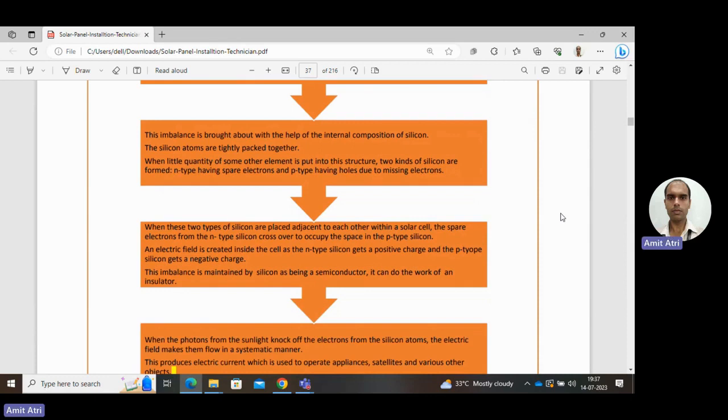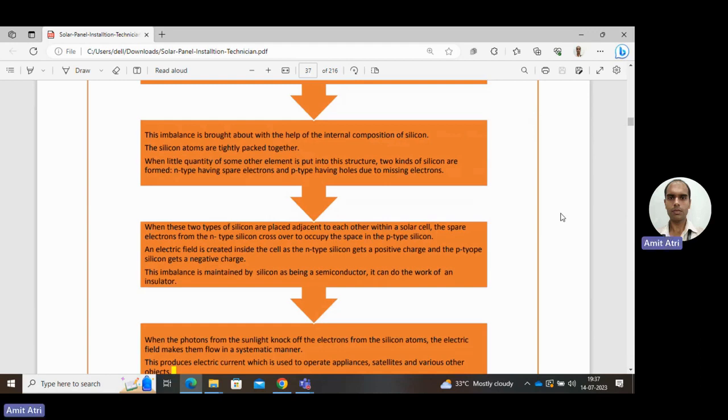The electrons are tightly packed in pure silicon. To get charge carriers like free electrons or holes, we need to add some type of impurity. That is the process of doping.